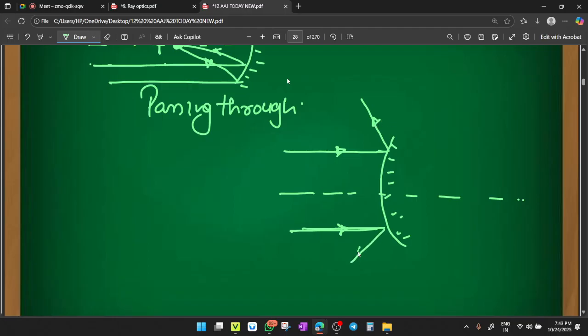Reflection will take place. Now they appear to come from this point. Are they looking? Say yes or no. They appear to be coming from this point. So this is called focus. And this is the virtual focus. Clear?